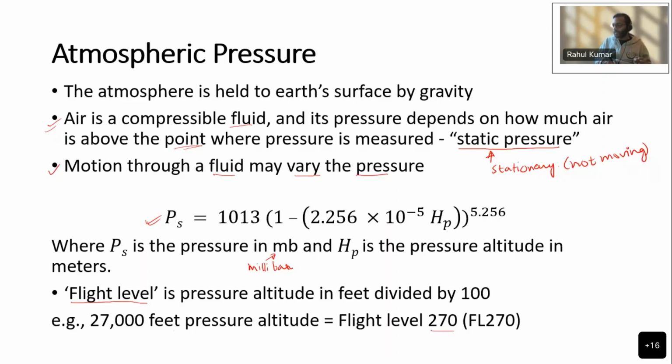That is, if you divide it by 100, that will be your flight level. So the actual altitude will be 27,000 feet. So if you are given the flight level, you have to multiply it by 100 to calculate the actual altitude.